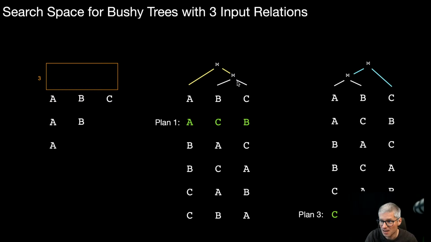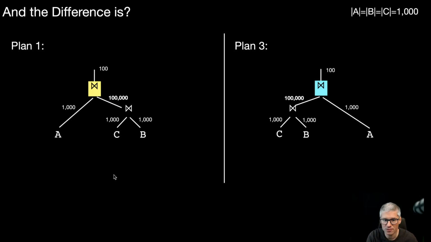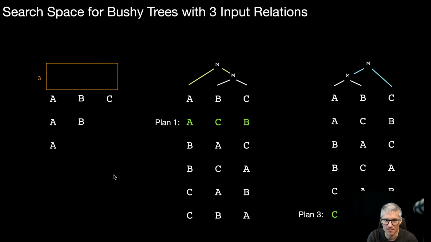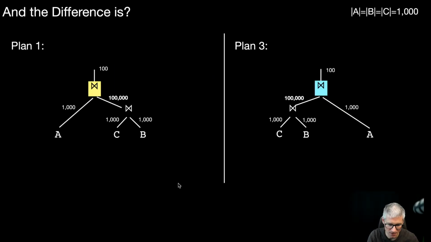So basically, it's the number of structurally different binary search trees times the number of relations factorial. That is the overall number of join trees you receive. So that's the overall formula here: the number of relations factorial times the Catalan number for that many binary search trees.